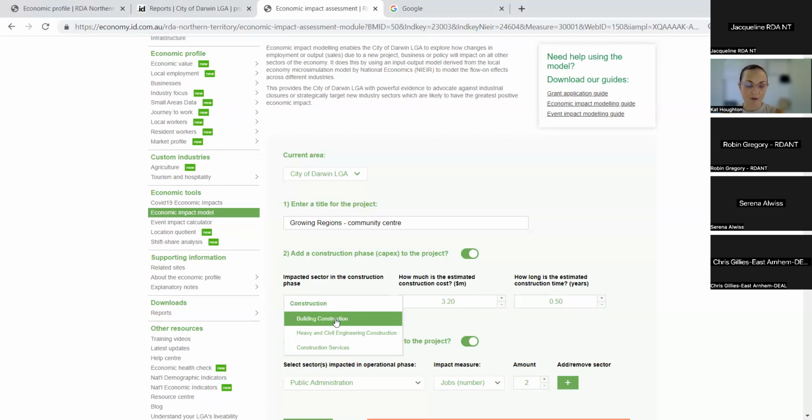If council's doing a community centre, you would do building construction. If it's a new hospital, I would still use building construction. If, for example, you're building a bridge, or you're doing, like, the Peninsula Development Road in the Cape, you would use heavy and civil engineering construction because you're using a different workforce essentially. So that's the real difference.